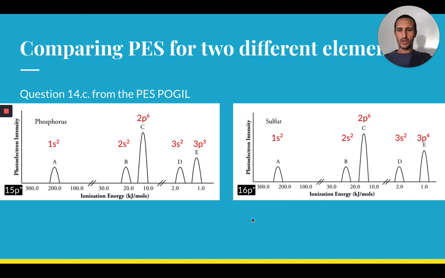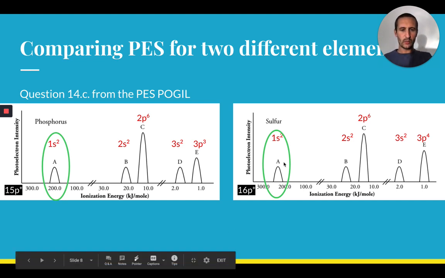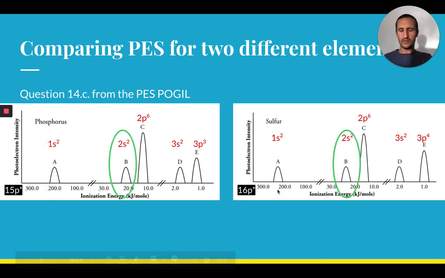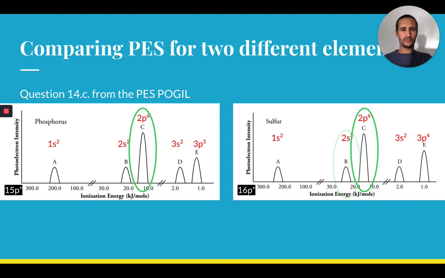And so it does make sense that if we compare the core electrons, so first the 1s, sulfur's core electrons require a little more energy to remove, and therefore have a little bit more ionization energy. And this trend continues through the core electrons, where each time sulfur is going to take just a little bit more energy to remove the electrons compared to phosphorus.